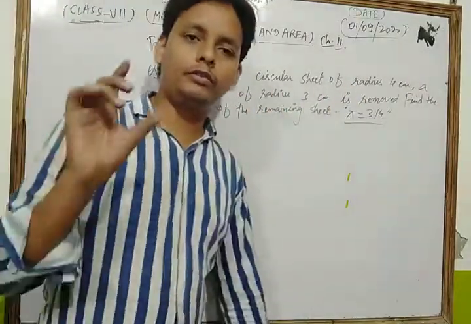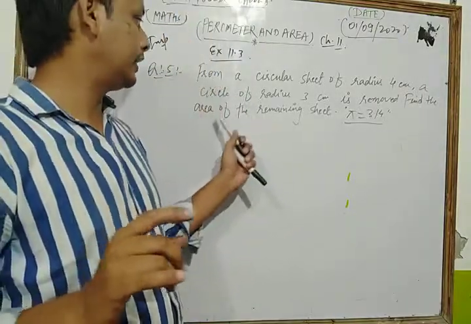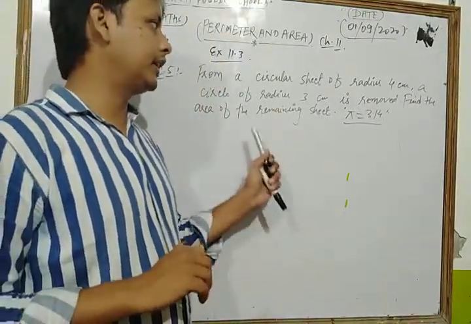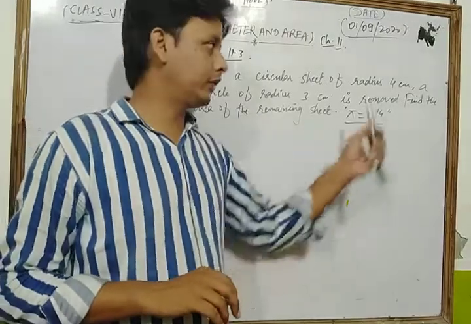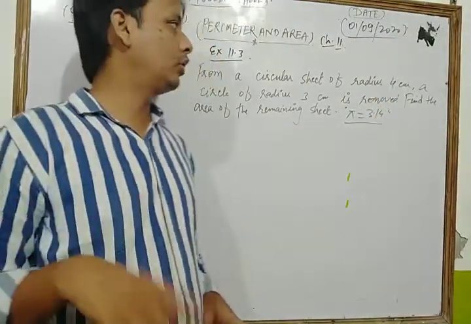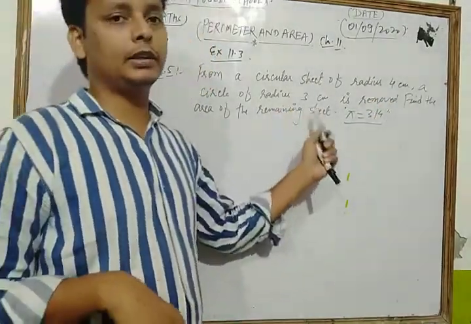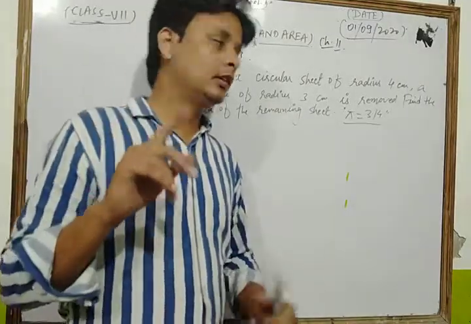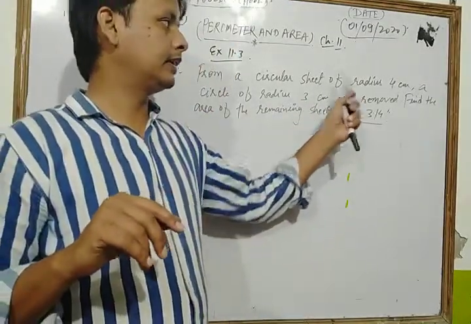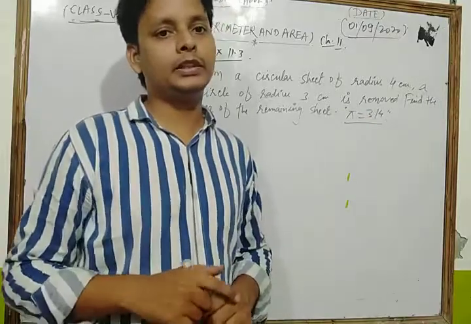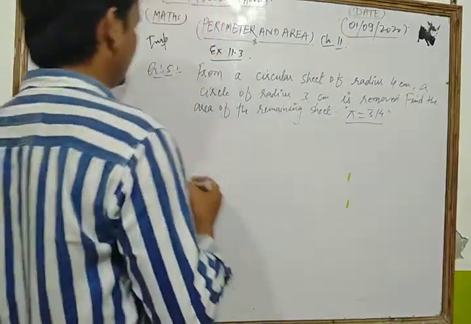So first we find the area of the circular sheet of radius 4 centimeter, then we find the area of the sheet of radius 3 centimeter, and then we subtract this area minus this area, and subtracting them we get our result.